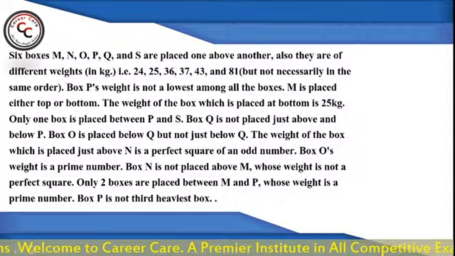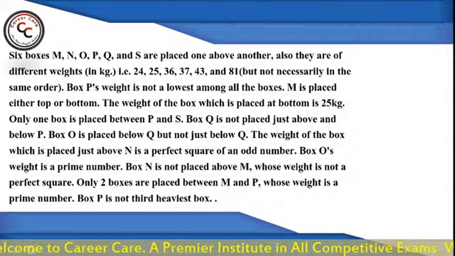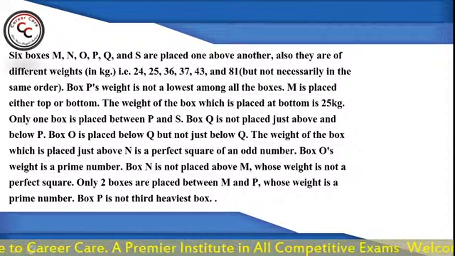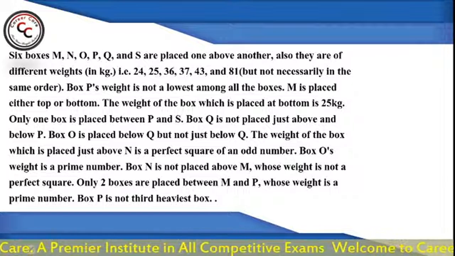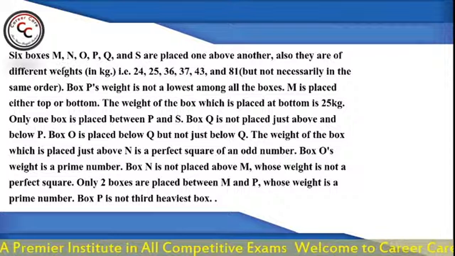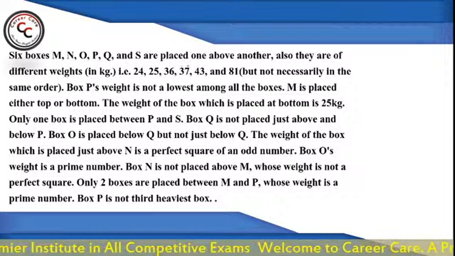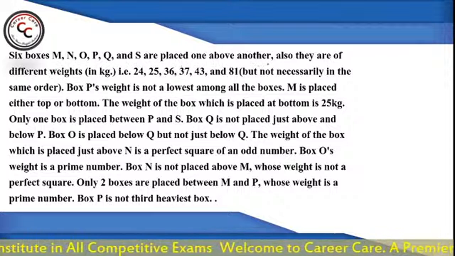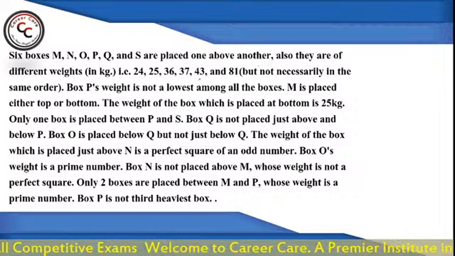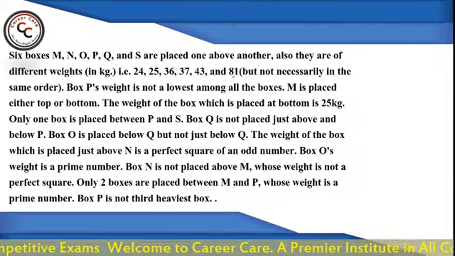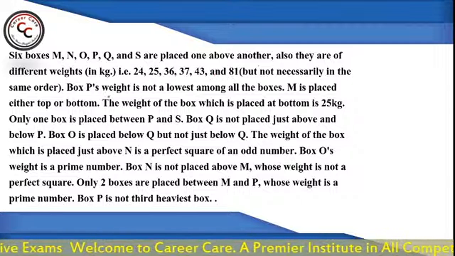Now let me take you to the last question with respect to the box based puzzle, which is very trendy, very important nowadays. Right? So see, 6 boxes M, N, O, P, Q, R are placed one above another. Also they are of different weights, 24, 25, 36, 37, 43 and 81, not necessarily in the same order.